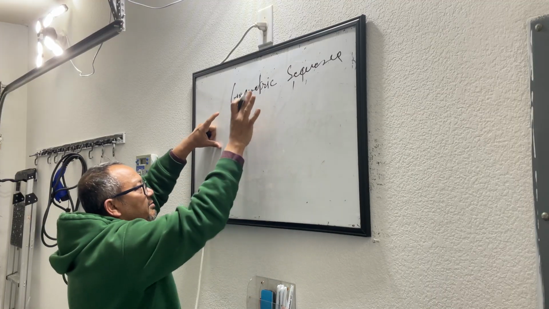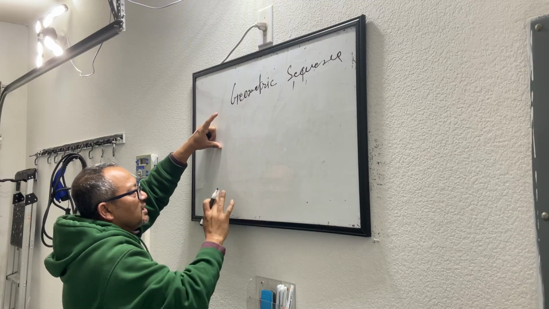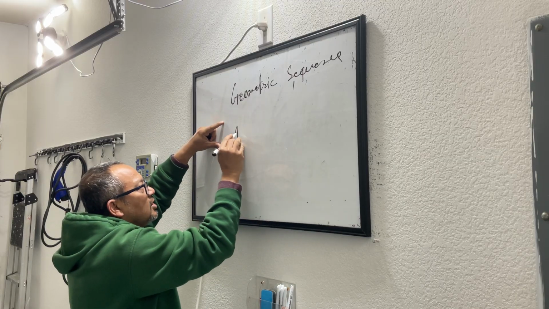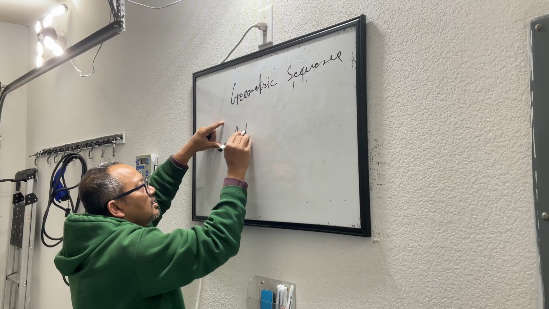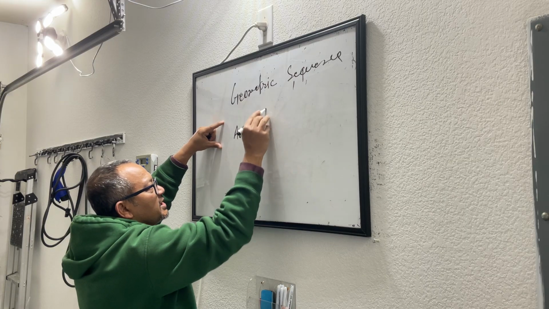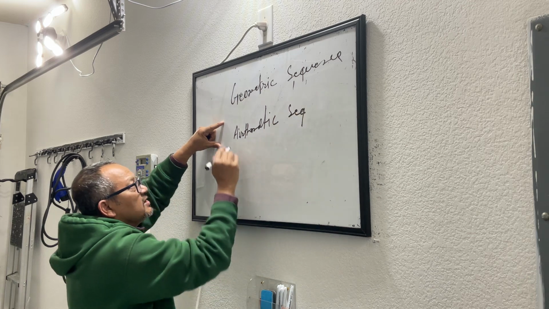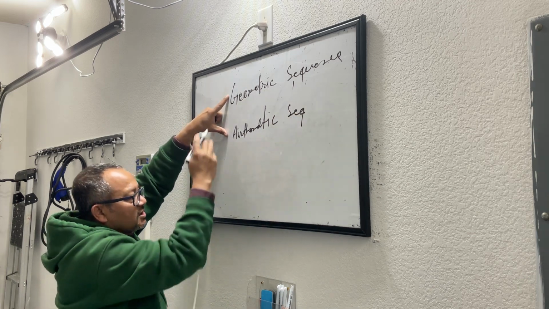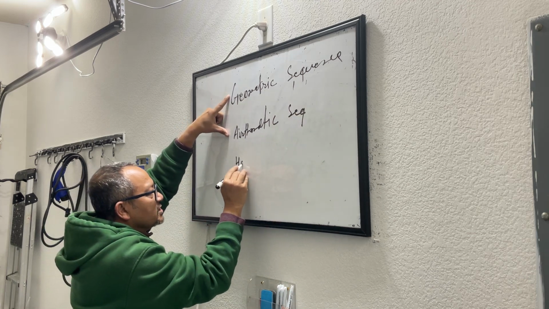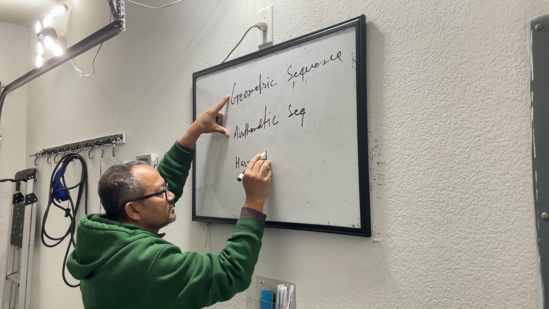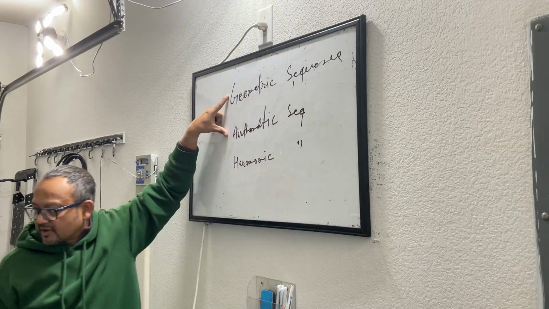Not today, but in our journey at some point in time. One is called arithmetic sequence. Second one is called geometric sequence that you already heard about. And third is called harmonic sequence.